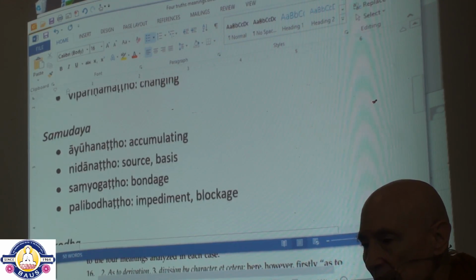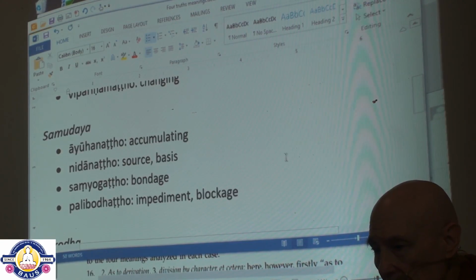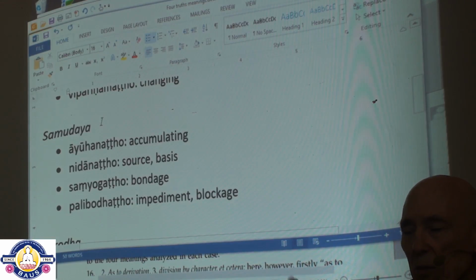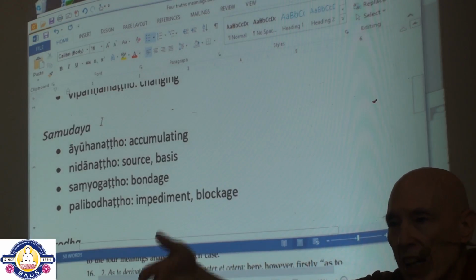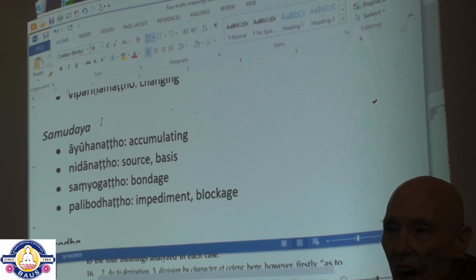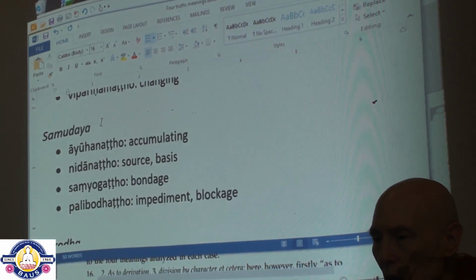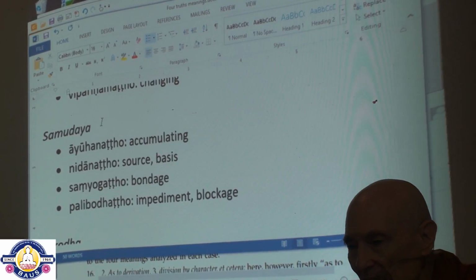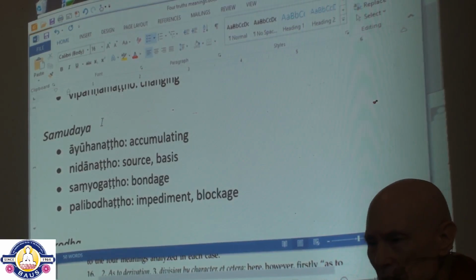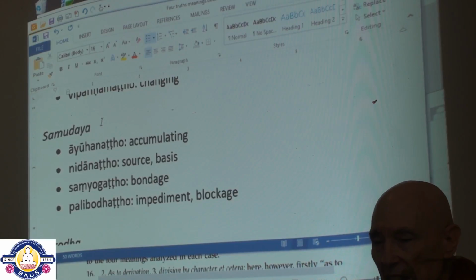Then we come to the second noble truth. This is samudaya, which is literally the uprising of suffering, usually translated as the origin or origination of dukkha, of suffering. One meaning here is ayuhana, which is translated by Nanamoli as accumulating.